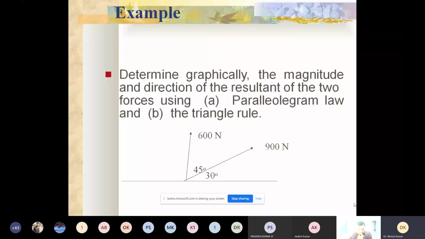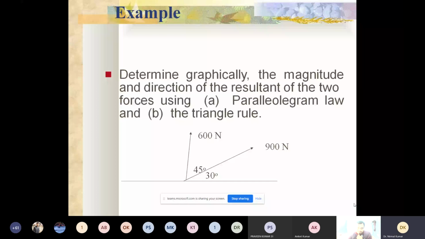A 900 Newton force is acting at 30 degrees from the x-axis, and a 600 Newton force is acting at 45 degrees from the 900 Newton force, that is, at 75 degrees from the x-axis. Using the parallelogram rule, triangle rule, or vector rule, we will find the resultant of this.